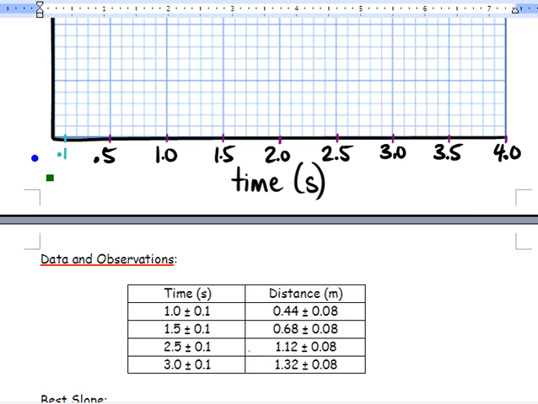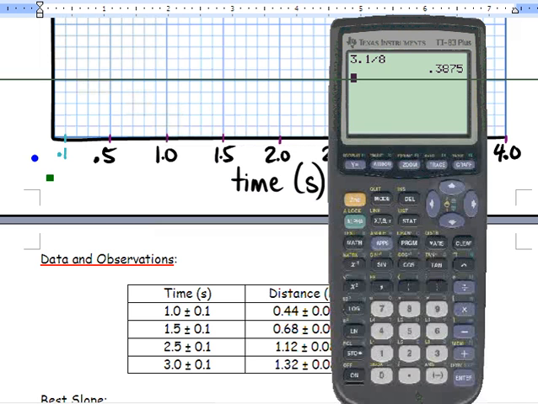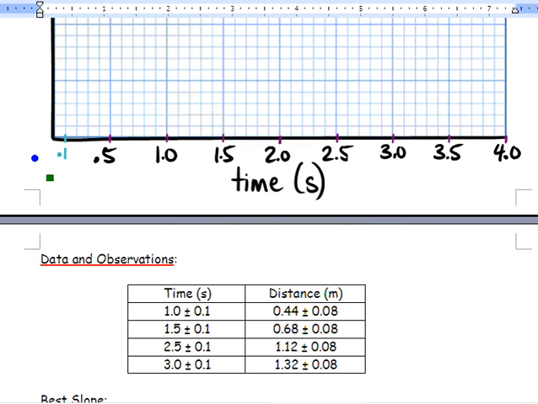Let's do the same trick for the distance. Grab our calculator. Remember that the biggest number that we have to plot on the distance axis is not 1.32. You have to add the uncertainty because we are going to show that on the graph. So that's actually 1.4 divided by, I think there's 10 boxes.